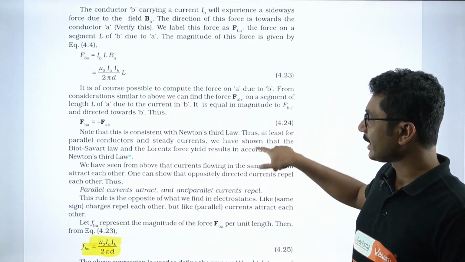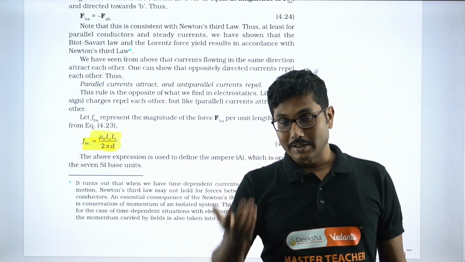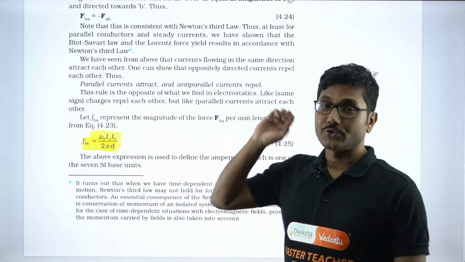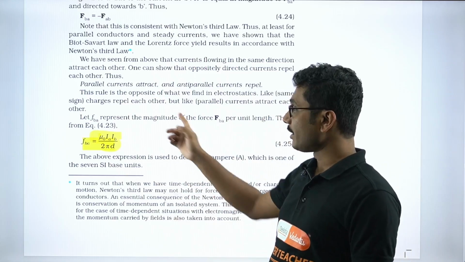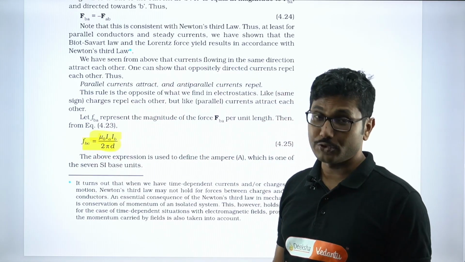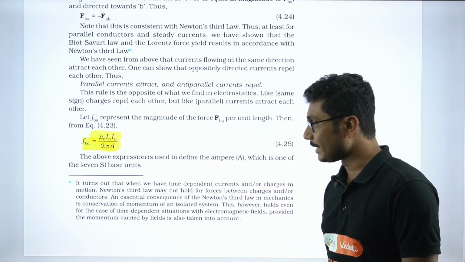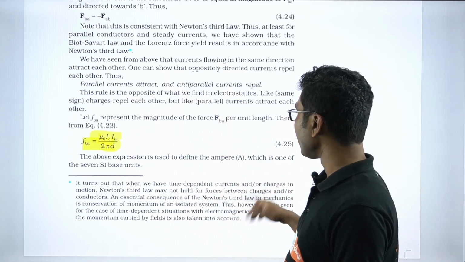The entire derivation I have done in my derivation video. It was done today only, so you can check that video where I have done this derivation in detail. This is called the magnetic force per unit length between two parallel wires carrying current. The above expression is used to define the ampere.